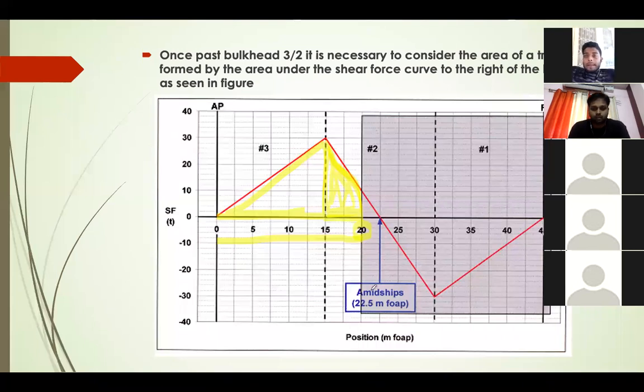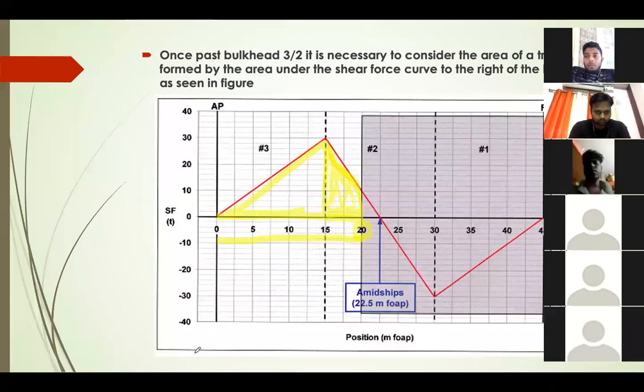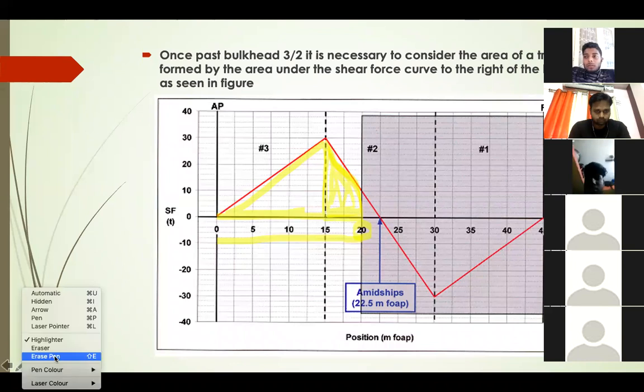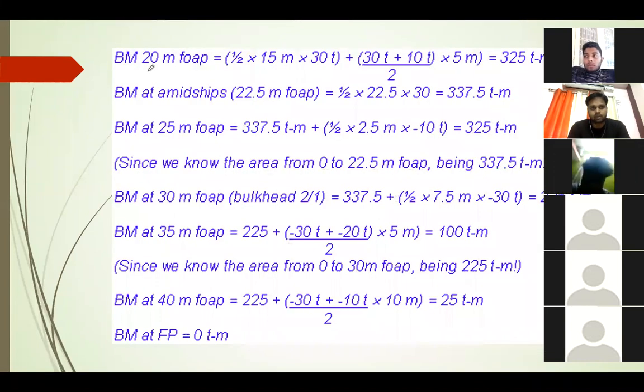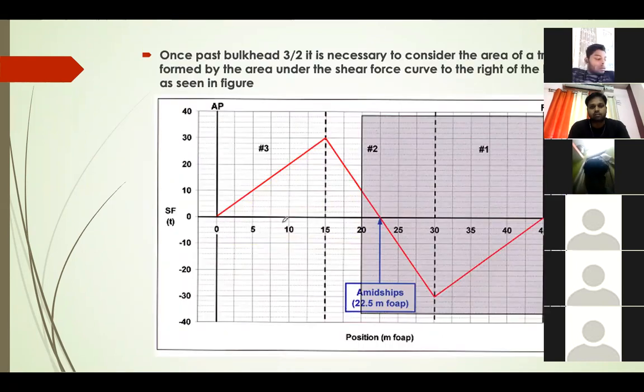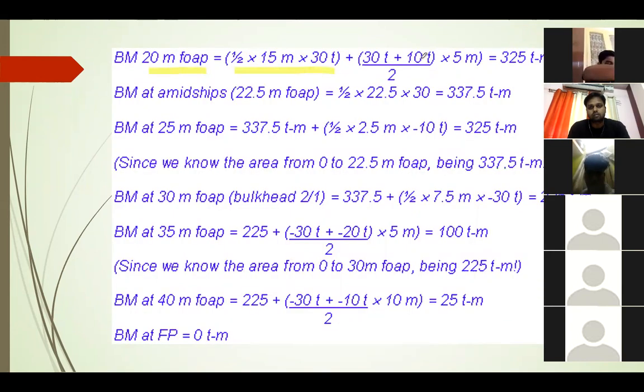So BM at 20 meters will be half base into height for your first triangle, half into 15 meters into 30. And the next area will be (A plus B) by 2 into 15.